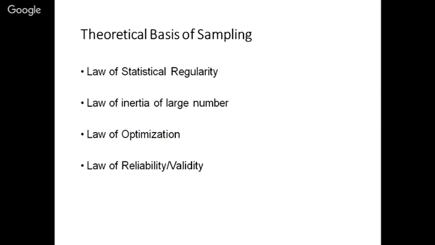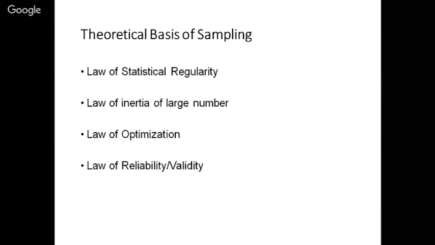But for the same case, if I increase the number of tosses, for example, if a researcher tosses the coin 1000 times, there is a probability that the equal number of heads and equal number of tails will increase. It means the researcher increases the size of the sample, and from that larger sample, there are chances that we get an accurate result and proper characteristics of the population under study. This is considered as the law of inertia of large numbers.